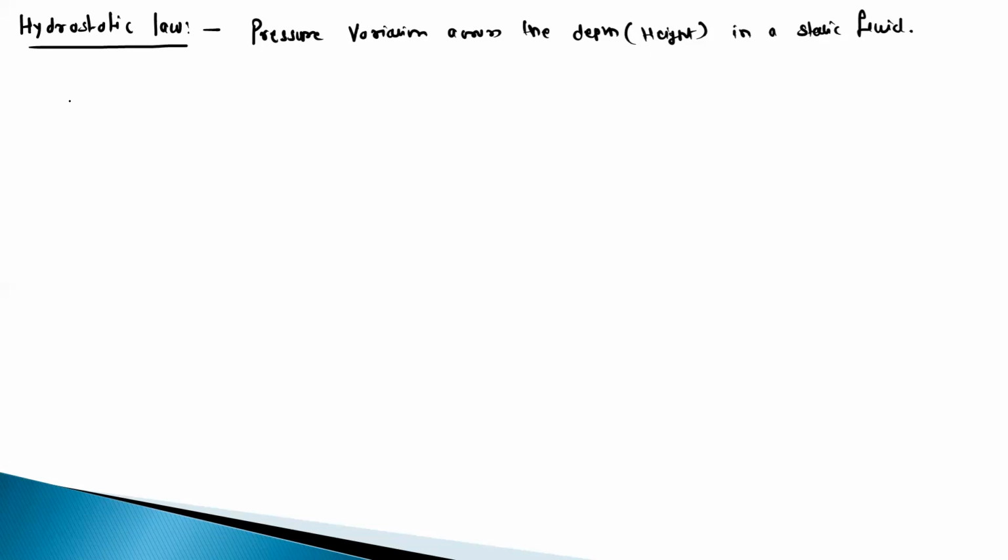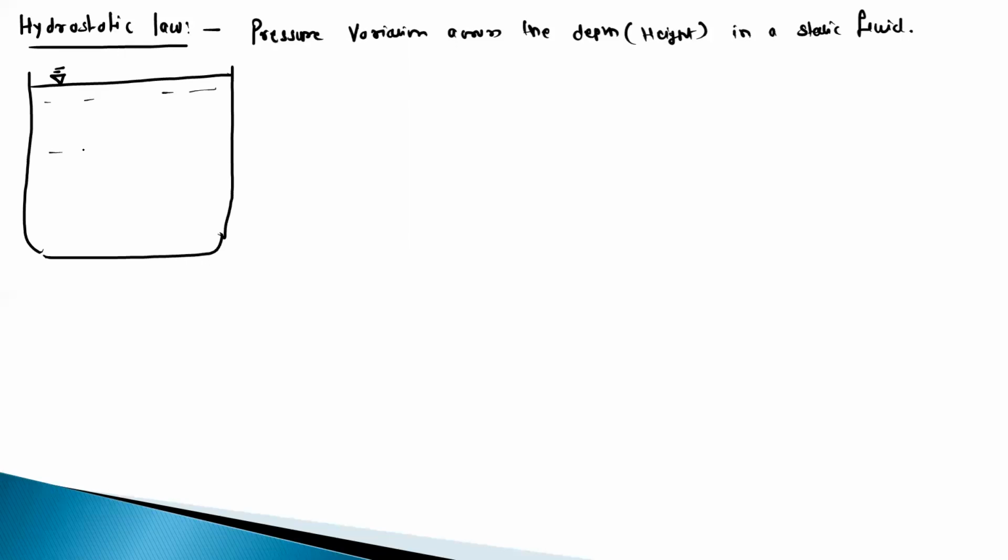Okay, so for that, consider one static fluid. So this is the free surface of the fluid. Okay, so in this fluid, we consider the fluid element like this. So actually, this is a cylindrical fluid element in three dimensions.